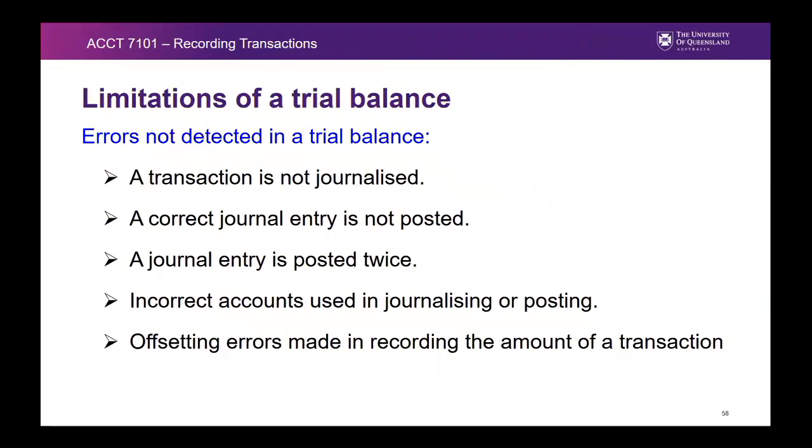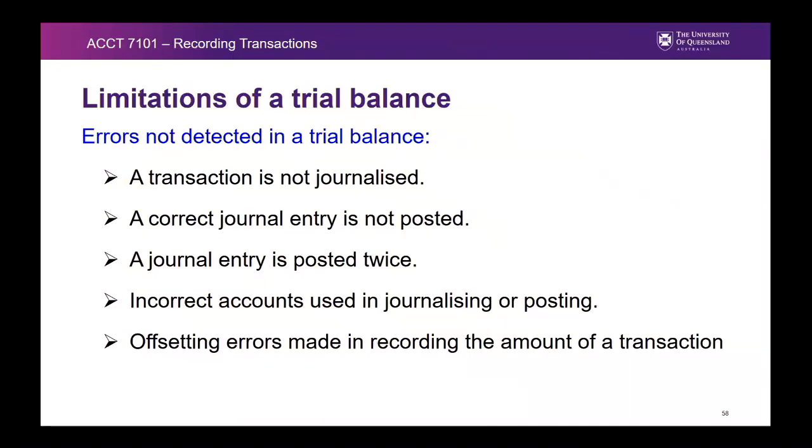The good news is, in practice, accounting software will do this for you. When I was self-employed for a number of years and used accounting software, all I had to do was enter the journal entries, the debits and credits, and then the software automatically calculated the ledgers, the closing balances, and produced a trial balance for me.